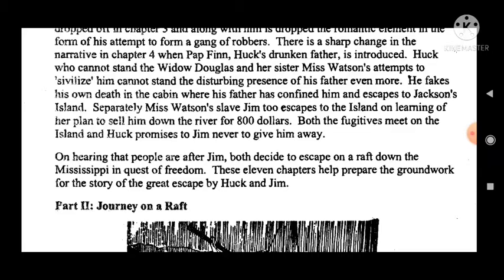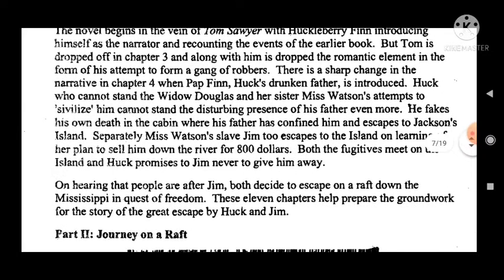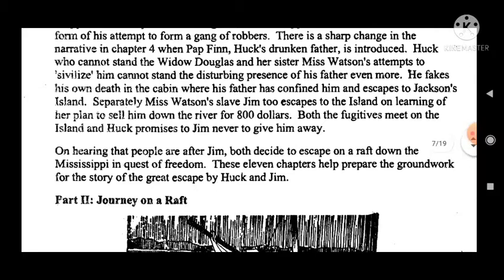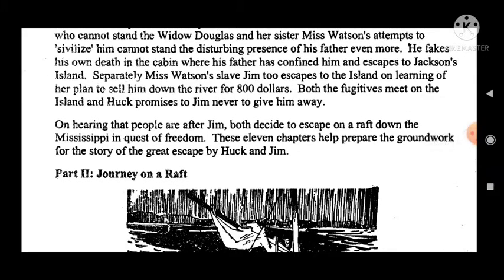So here you can see there is a sharp change in the narrative in chapter 4 when Pap Finn, Huck's drunken father, is introduced. Huck cannot stand the Widow Douglas and Miss Watson's attempts to civilize him, and the presence of his father even more. He fakes his own death in the cabin and escapes to Jackson's Island.